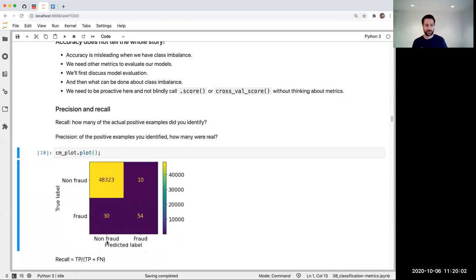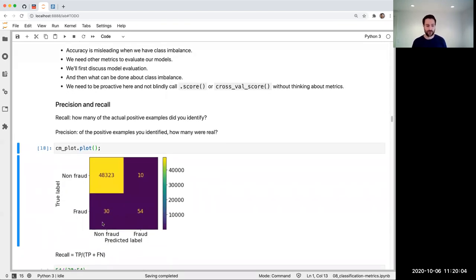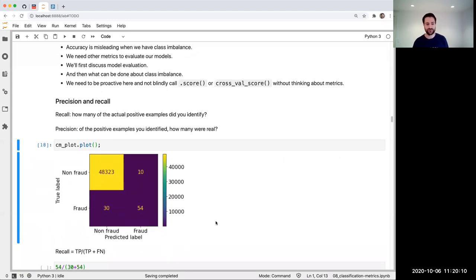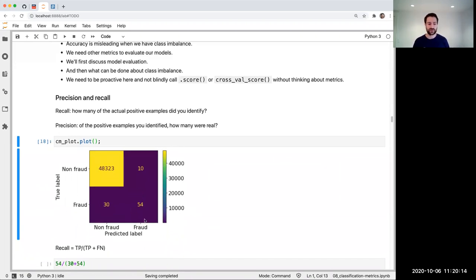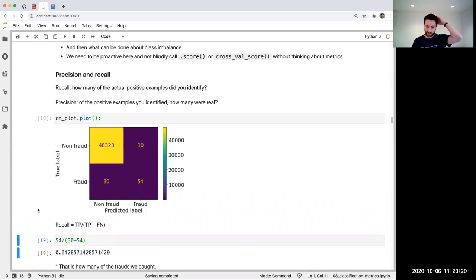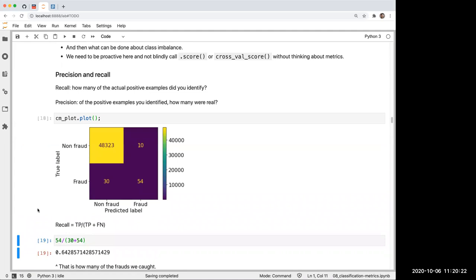And so going back to this plot here, the recall says, okay, of this bottom row here, of the ones that were actually frauds, how many did we correctly recall? How many did we identify? Which is 54 that we found out of 84 in total. And so our recall score here is 64%, which is pretty bad.